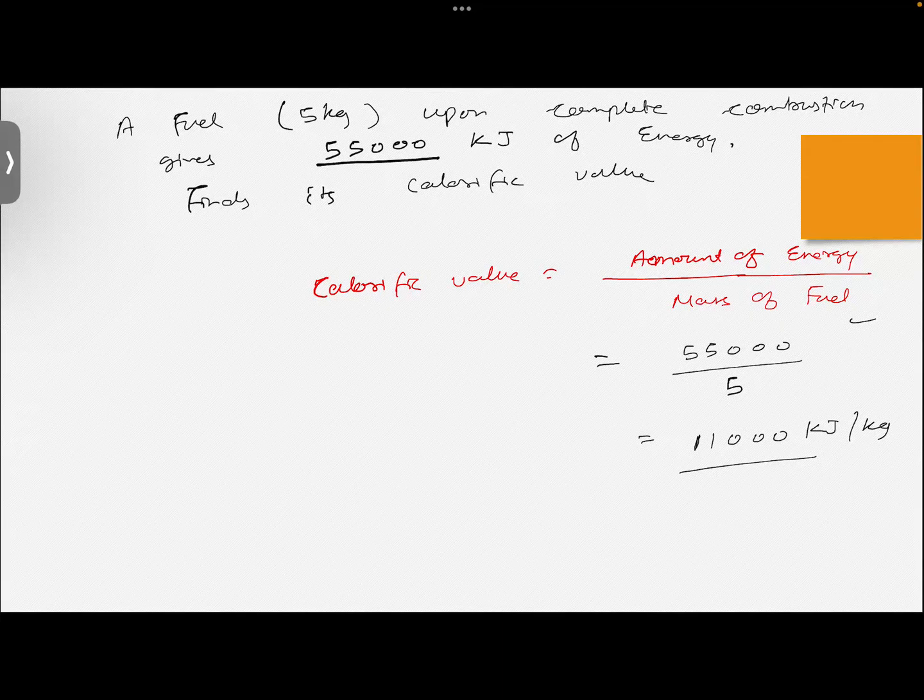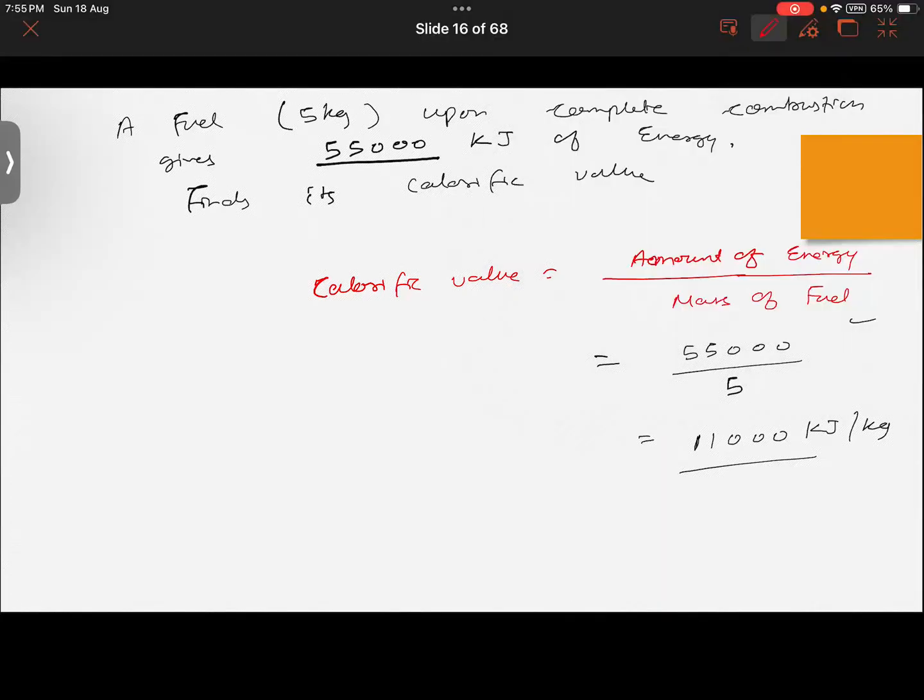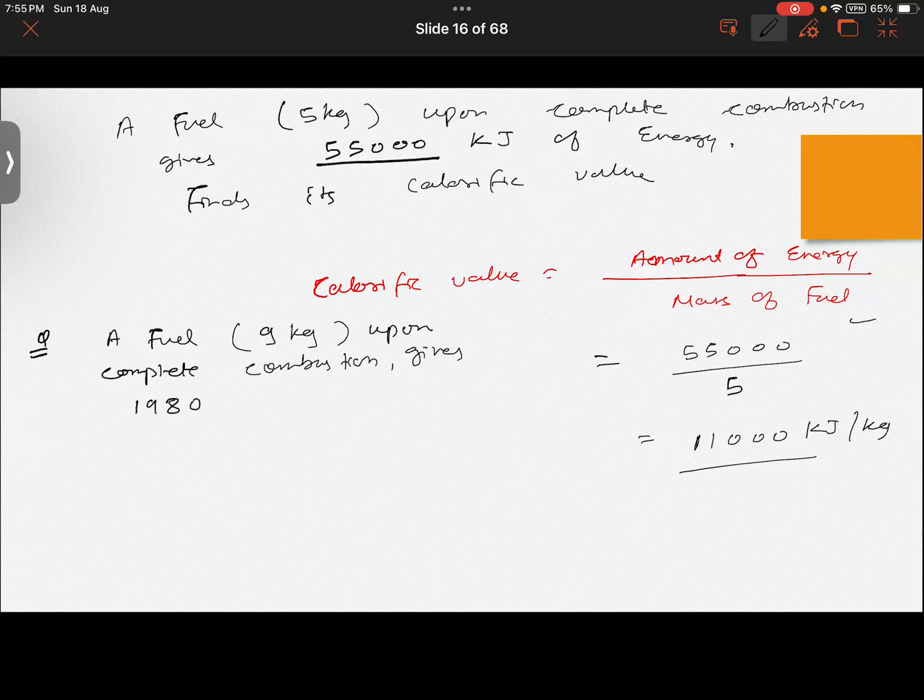Okay. If you have understood this, I'm giving you one question. The question is that a fuel having a mass of 9 kilogram upon complete combustion gives 1,98,000 kilojoule of energy.